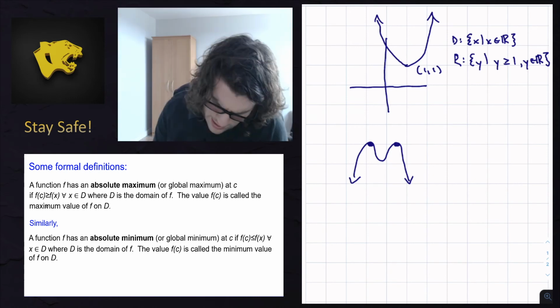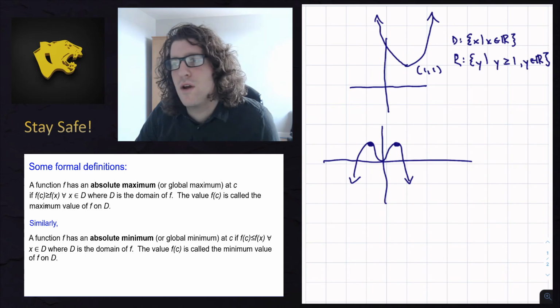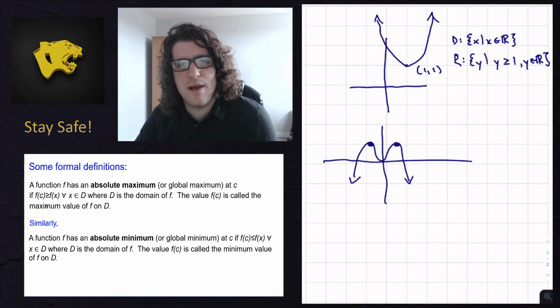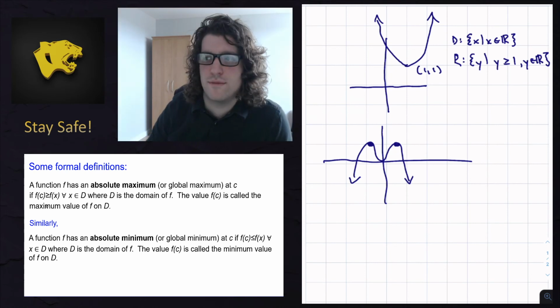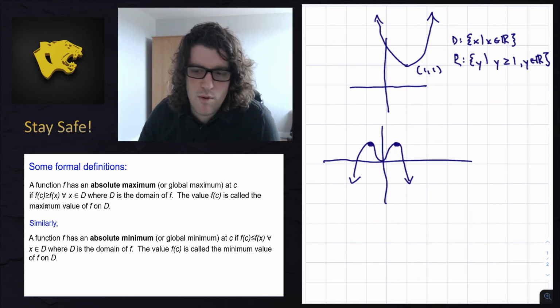So it's entirely okay for that sort of thing to be going on. Don't fret that an absolute maximum has to be a singular point that fits that description. It doesn't.